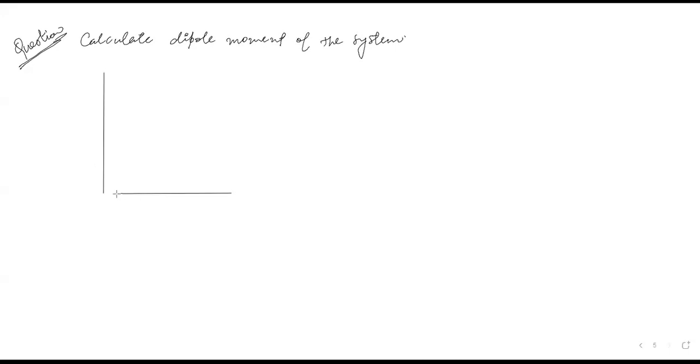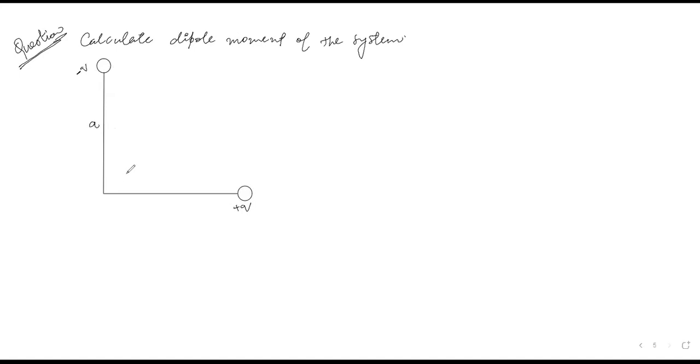This is the given system. The charges are present at its vertices, like this. This is your minus Q and this one is your plus Q charge.